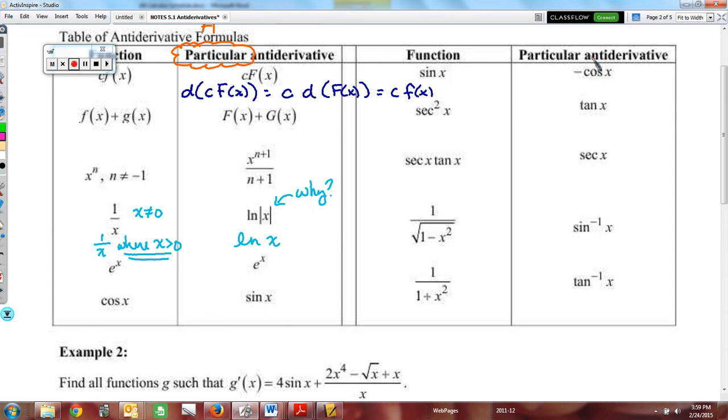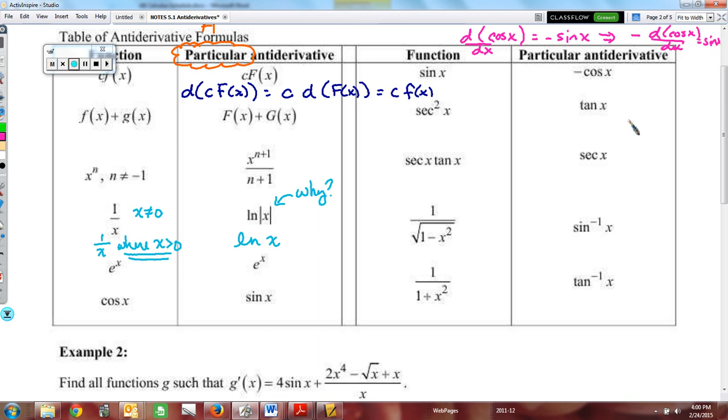The derivative of cosine is negative sine of x. But notice that when I am doing the antiderivative of sine, there's no negative in front. So we basically have to think of this as the opposite: the derivative of cosine of x is negative sine of x.